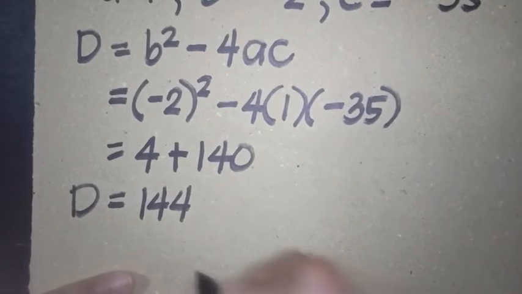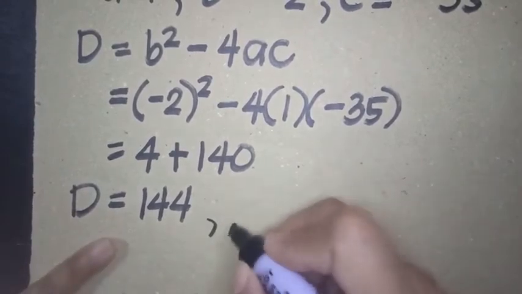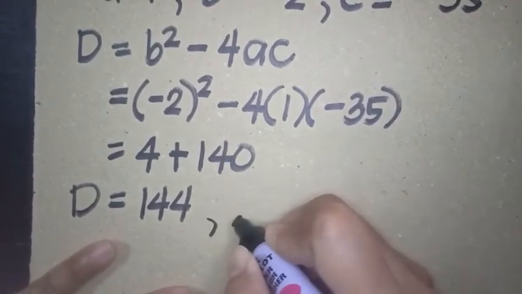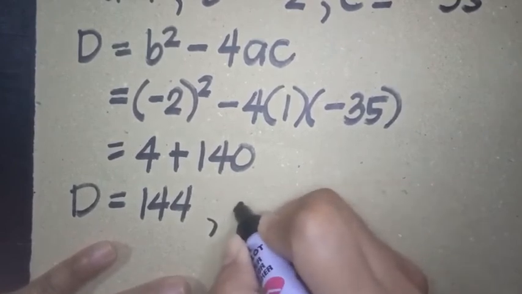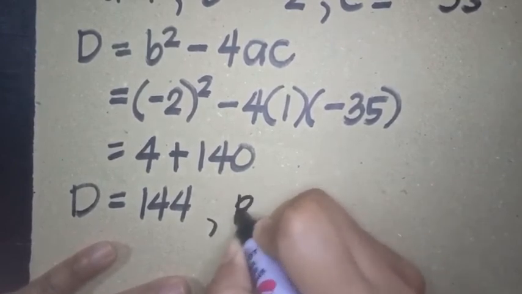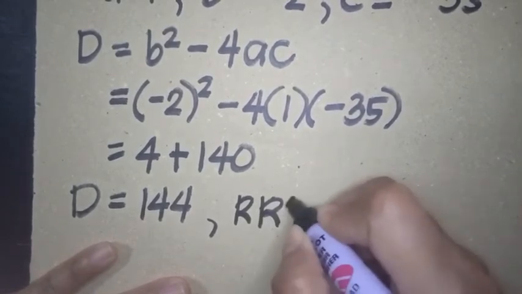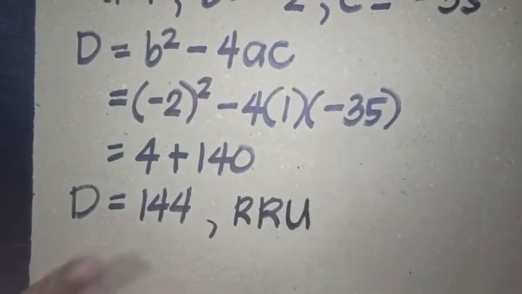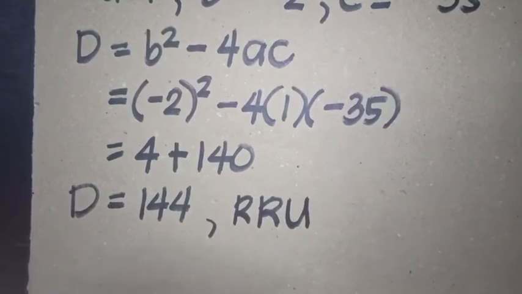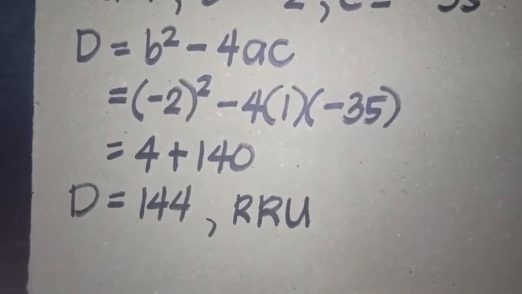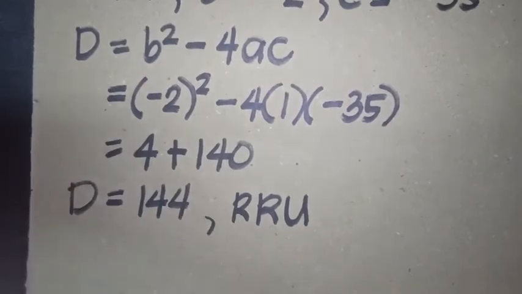Okay? So, therefore, ang nature ng roots niya is real, rational, pero hindi na siya equal, but then, it is unequal. So, take note, pag ang discriminant natin is a positive number, and it is a perfect square, the nature of our roots is real, rational, and unequal.